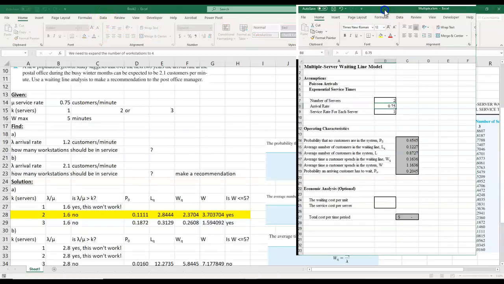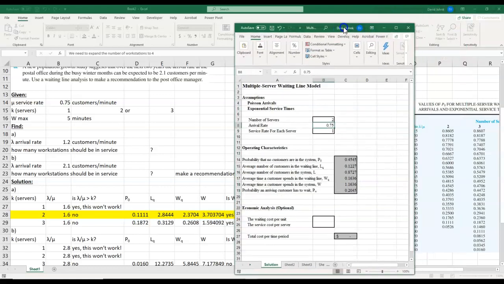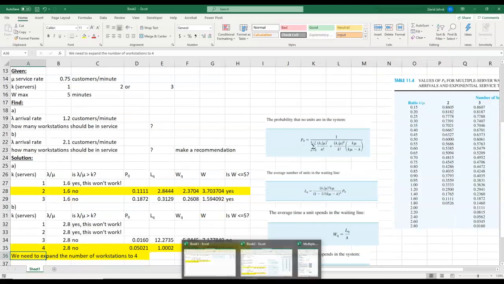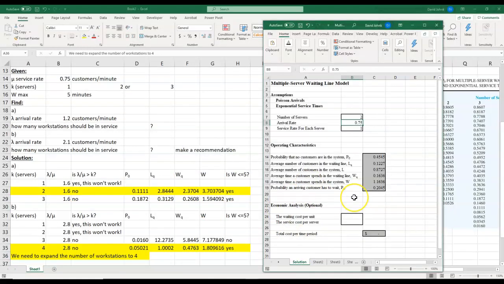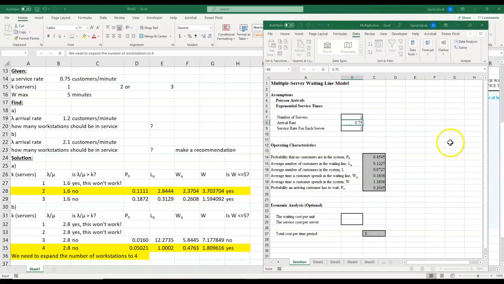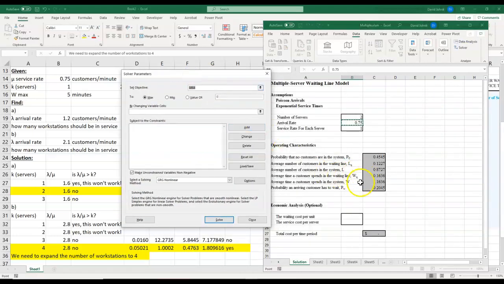So let me make it a little bit smaller so you can see what's going on. And I'll compare it with the other one. If we work on this bottom one, I could say, well, if I use Solver, I can go to Data, I go to Solver, and with Solver I can say I want to set this W to a value of 5, because that's my maximum average wait time.